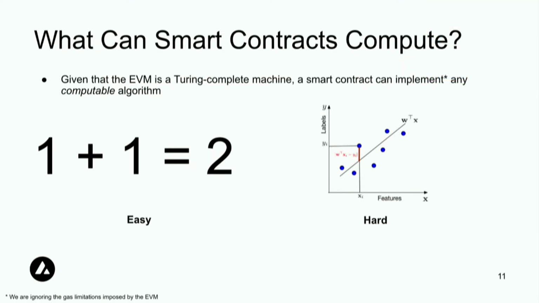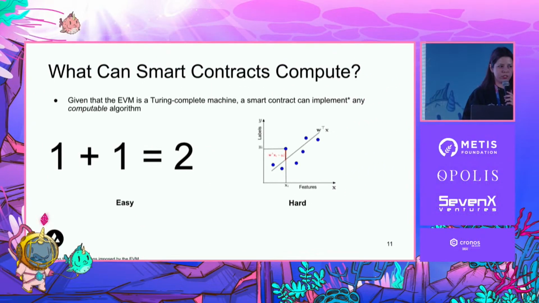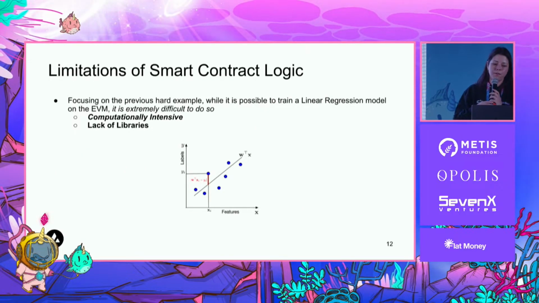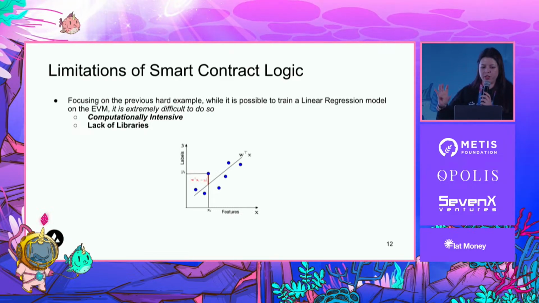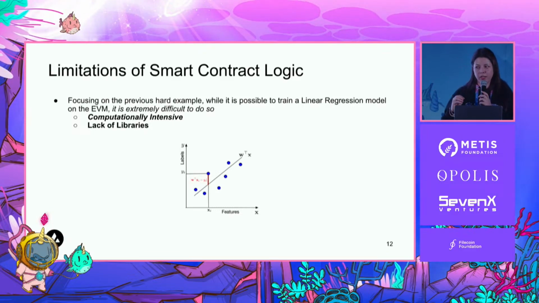But when you're trying to create linear regressions, machine learning models, or even more complex computation, it's going to be hard and expensive. And it's not only the computational aspect; when you're building in Solidity, you might also face some limitations, for instance, the lack of libraries.